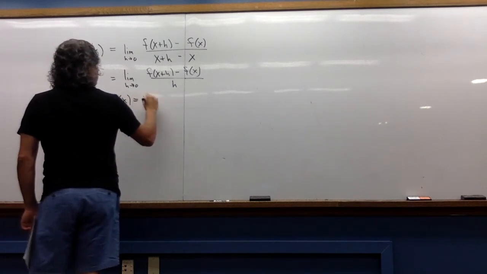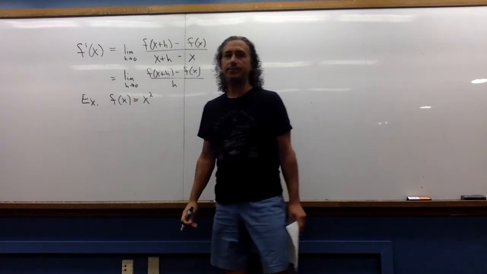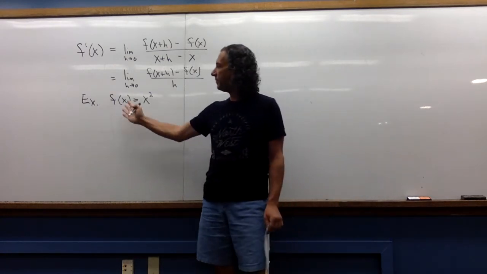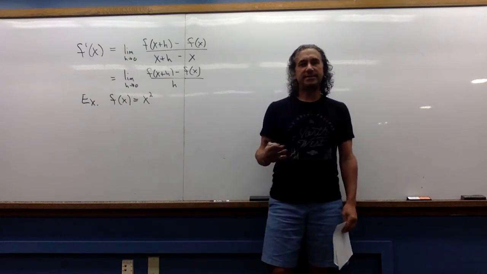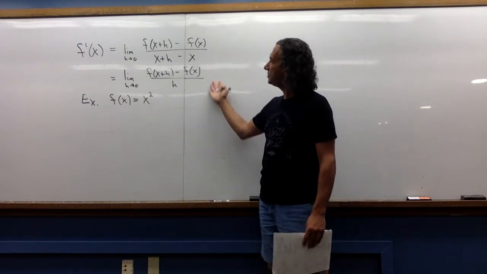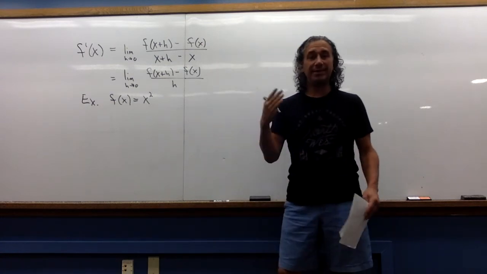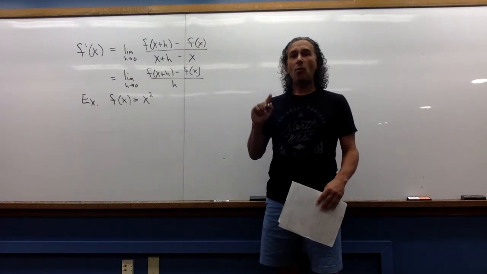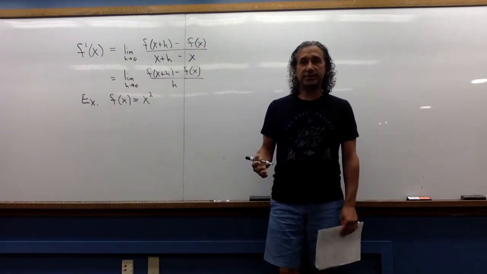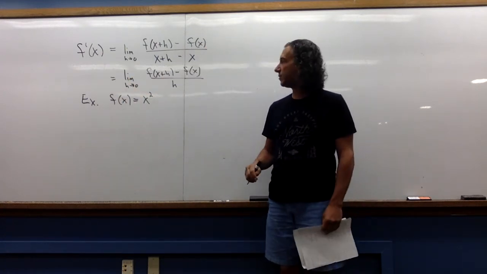Let's start with the function f of x equals x squared. In the old days, if I said, hey, can you find the derivative of this guy at 6, 7, 10, 12, you'd have to compute a whole bunch of limits. You'd have to compute a limit for each one of them. Watch what happens when we compute f prime of x first and then ask these questions.